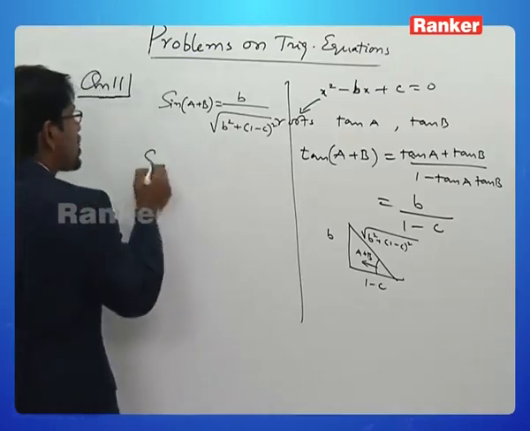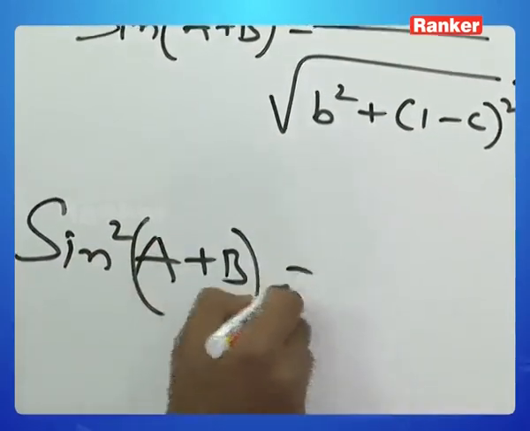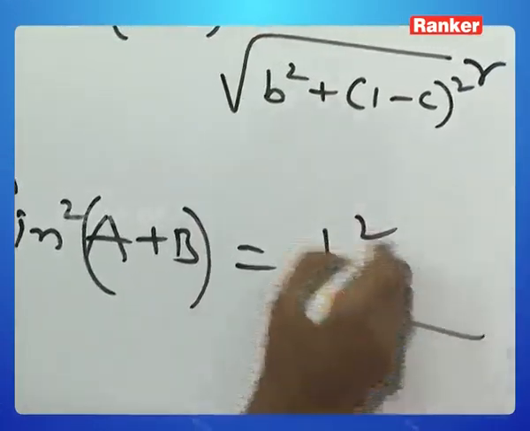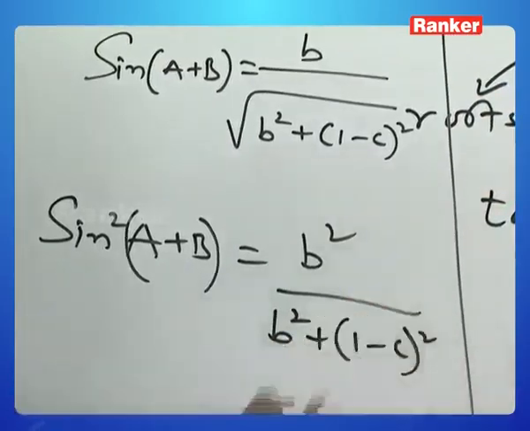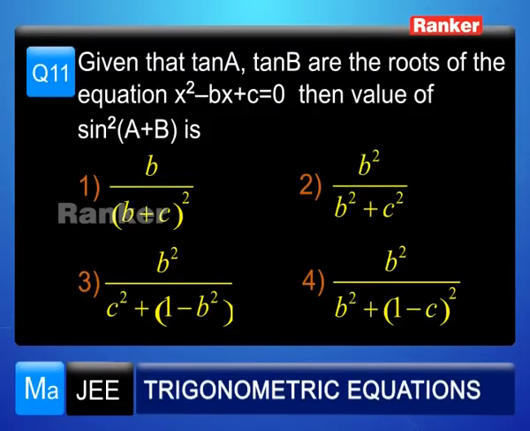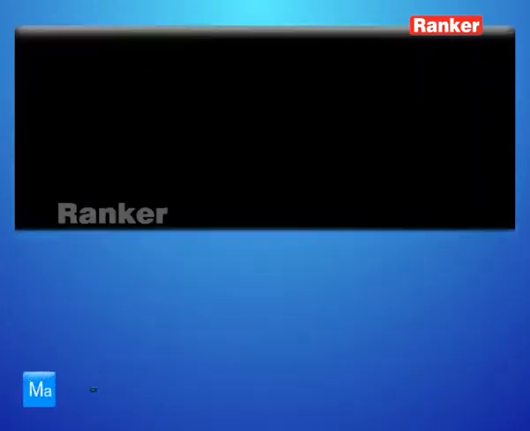So clearly sine square of A plus B will give me b square by b square plus 1 minus c the whole square. That is clearly appearing in option 4. Option 4 is the right answer. Let's move to the next question, question number 12.